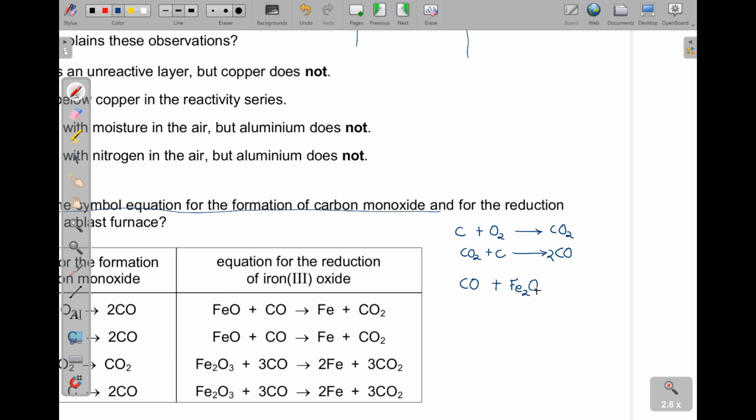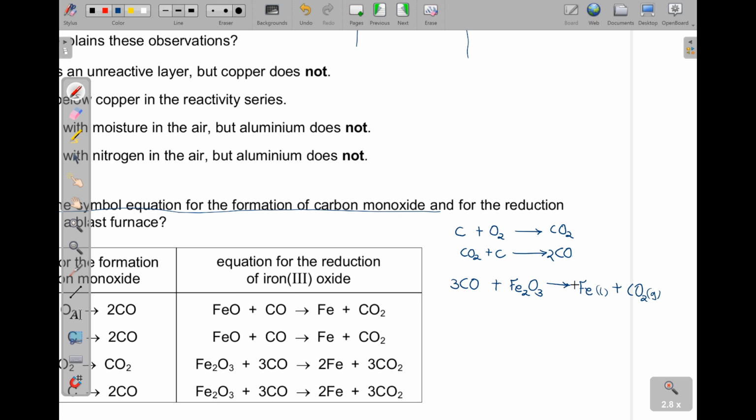And then when it reacts with it, this one is reduced. Iron is below carbon in the electrochemical series. That is why carbon is capable of reducing the iron oxide. Then you get iron, which comes out as a liquid, and carbon dioxide, which comes out as a gas. You see?